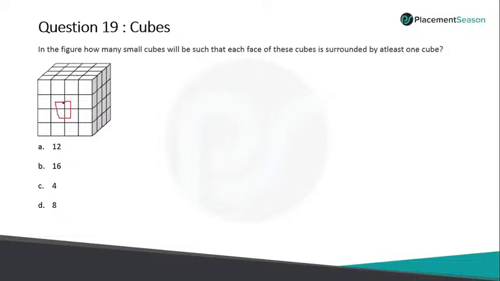If I remove all the outside cubes, only 2 cubes remain in each direction. 2 cubed is 8. So the 8 cubes inside, in between the cubes, are covered on all faces. Okay, so the answer is 8.